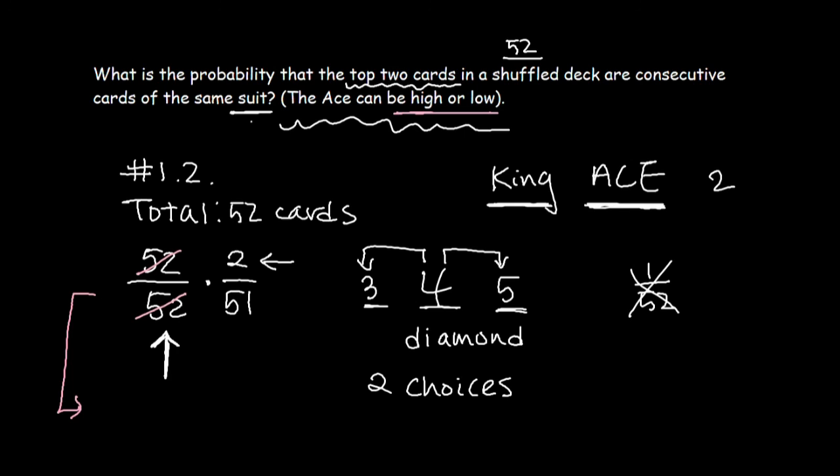When it's simplified, 52 cancels out, so you'll be left with 2 over 51, which is the final answer to your question. So the probability of pulling 2 cards from the shuffle deck that are consecutive cards of the same suit is 2 over 51. Always remember that when it says ace can be high or low, it can come before or it can come after. It doesn't really matter.